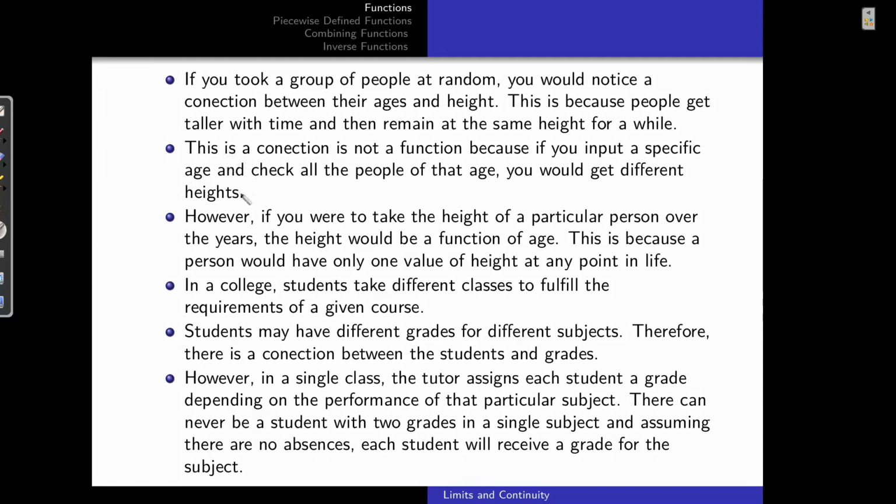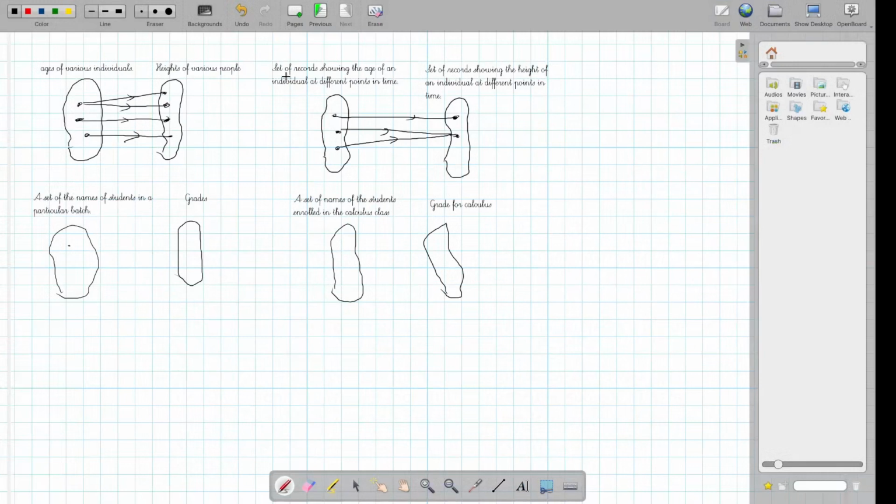But if we take the height of a particular person over the years, the height will be a function of age, because this person will have only one value of height at any point in life.